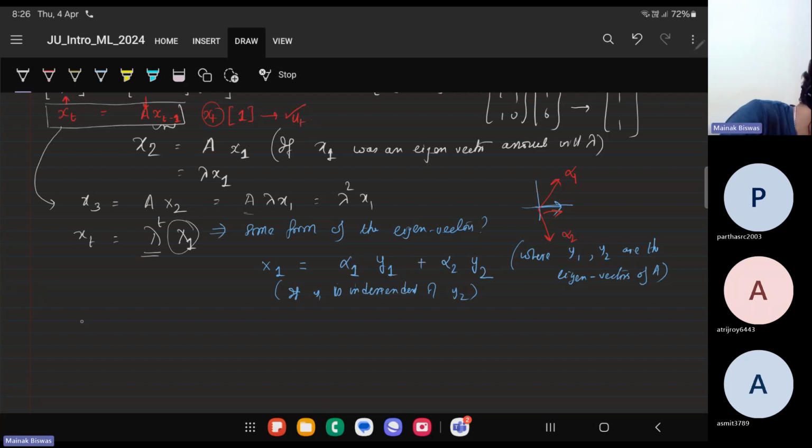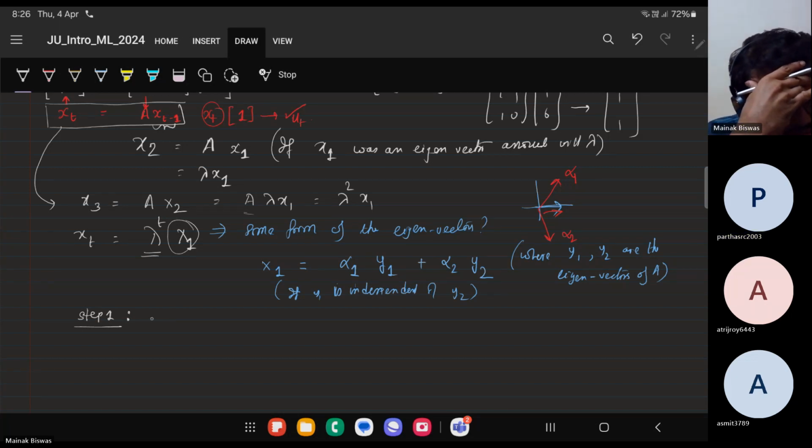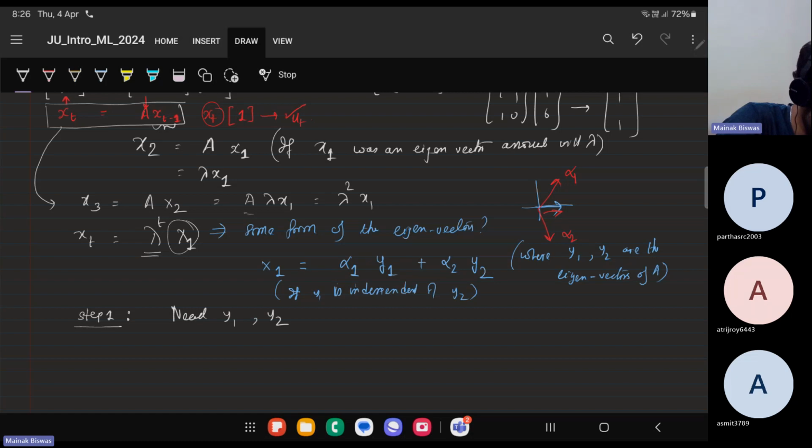The first step is finding the linear combination which x1 can be represented as. That is our end goal. If we find that, it is done. We find A's eigenvectors, so we need y1 comma y2.